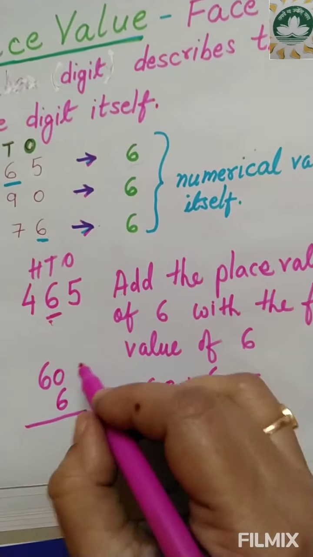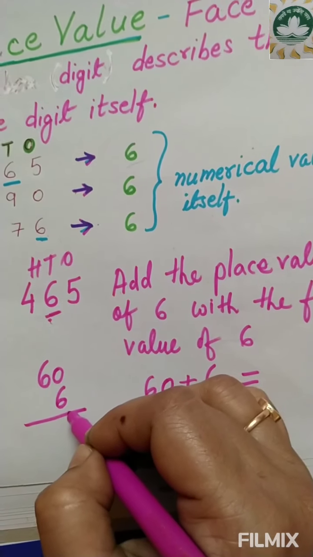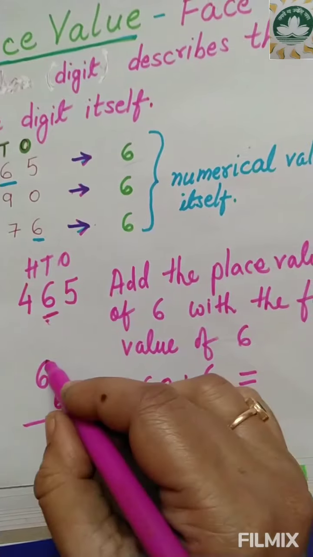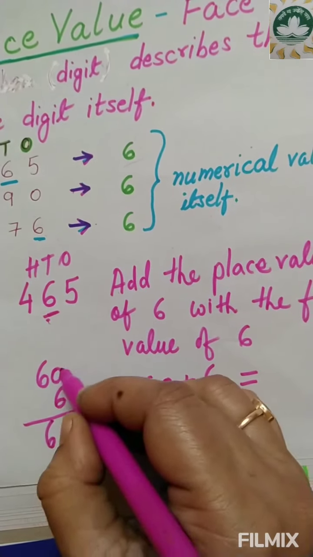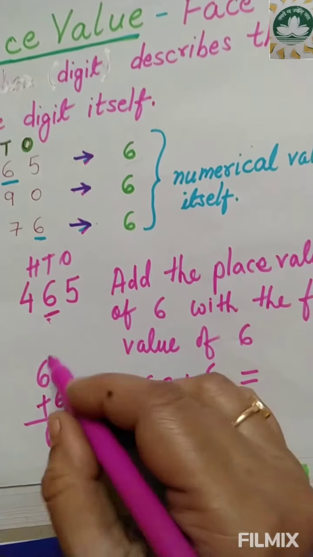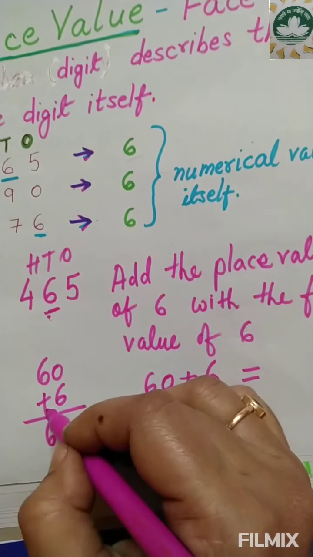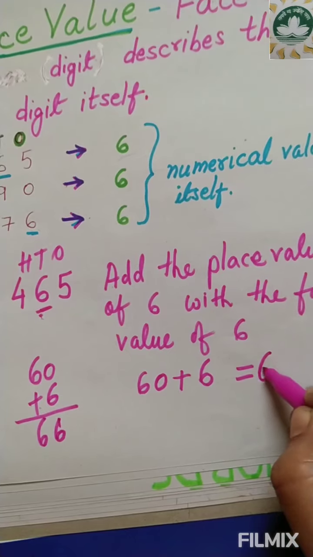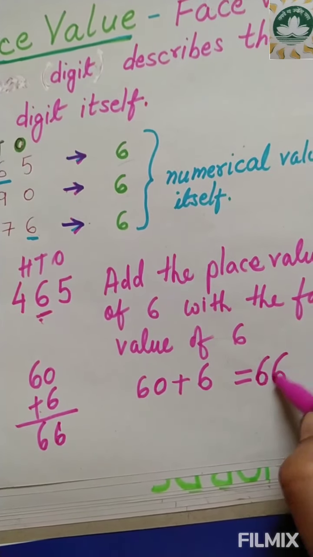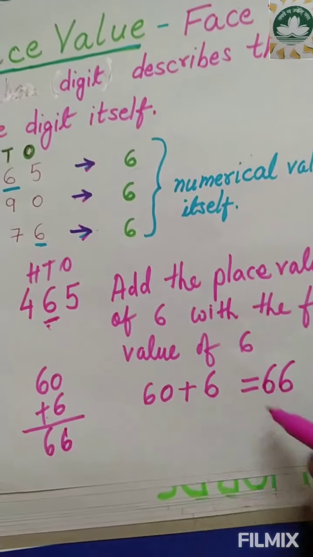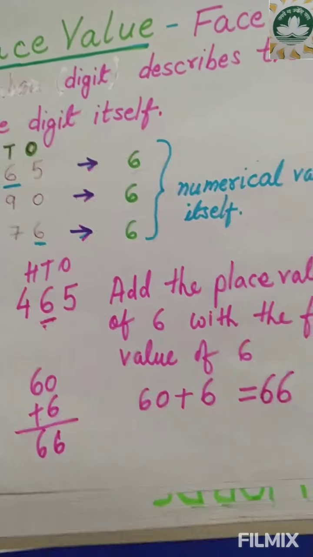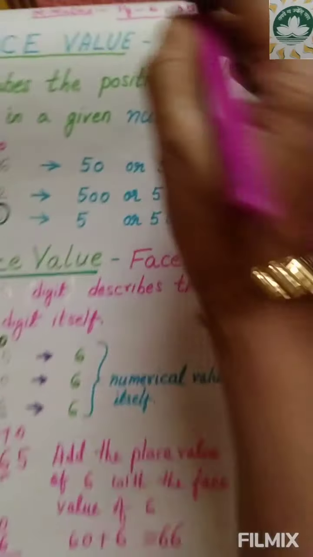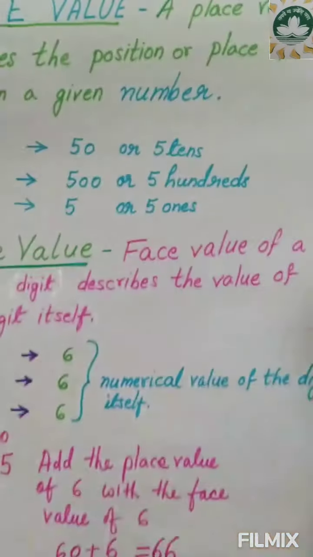So 6 will remain the same. 0 plus 6 is 6 and 6 will again come down since there is no number under 6. So the place value and face value of 6 is 60 plus 6 is equal to 66. So this is how you will solve page number 6 and 35.